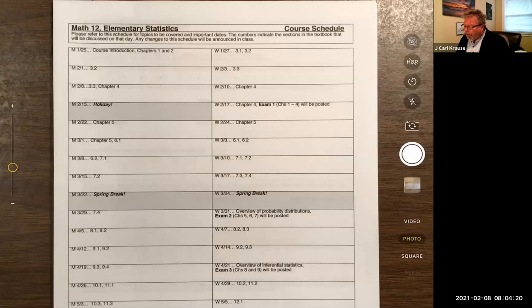So we'll get into that in chapter 4. But a quick comment about the textbook. The textbook goes deeper into this topic than I intend to in this course. And they also do everything by hand.